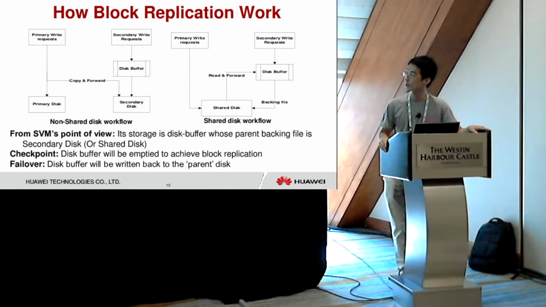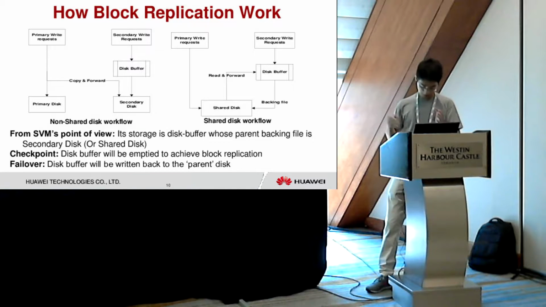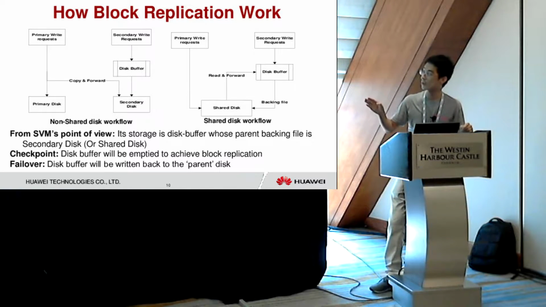Here we play a trick to support the disk content checkpoint. We will not allow the SVM to write to its own disk directly. Instead, we use a disk buffer to cache the SVM's writes, so that it can't write directly into its own disk.